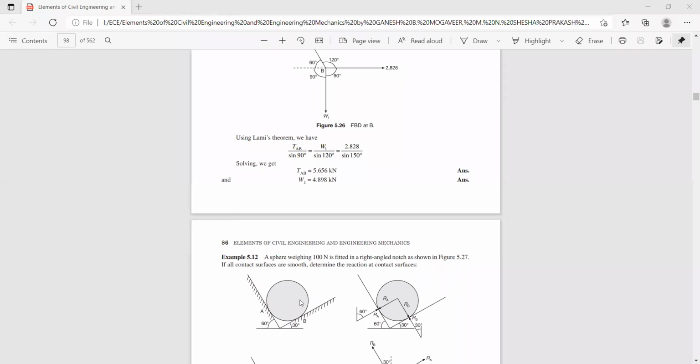Now in this given problem, we are required to find the reaction forces. Now the sphere is making contact with the sides of the container at point A. So this is the point of contact of one of the sides of the sphere with the sides of the container.